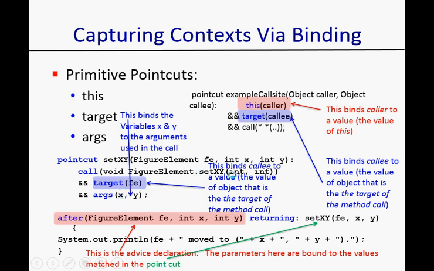So whenever we call this, it'll be with two particular values, and by capturing these, by binding to them, and binding to the target, whatever this was called in, the figure element, this guy here, we can then use that information within this figure element. For example, we could trace, say, okay, this figure element was moved to this certain location. X, Y, and FE were matched here, and found their values here for a particular call.